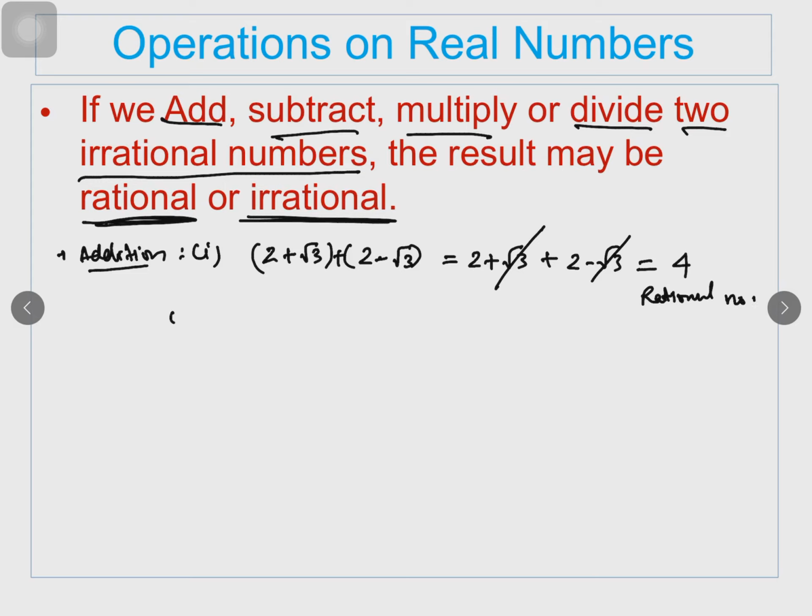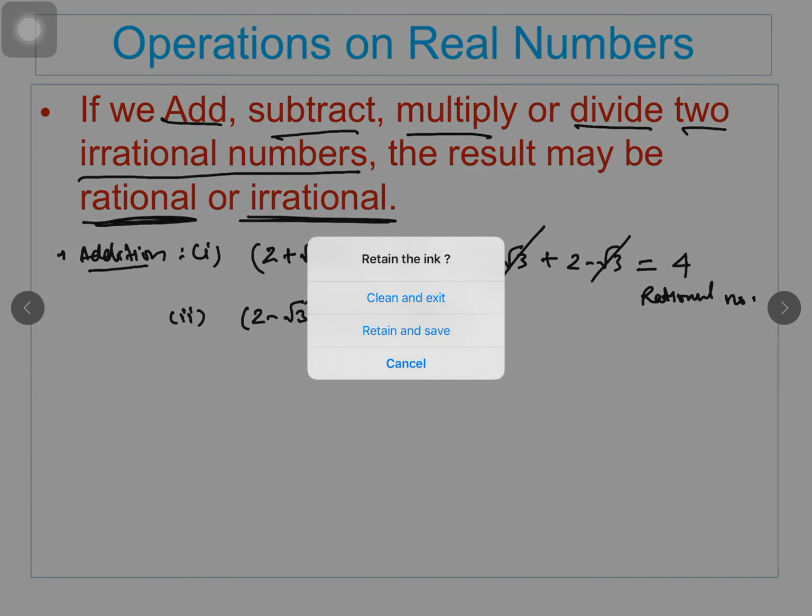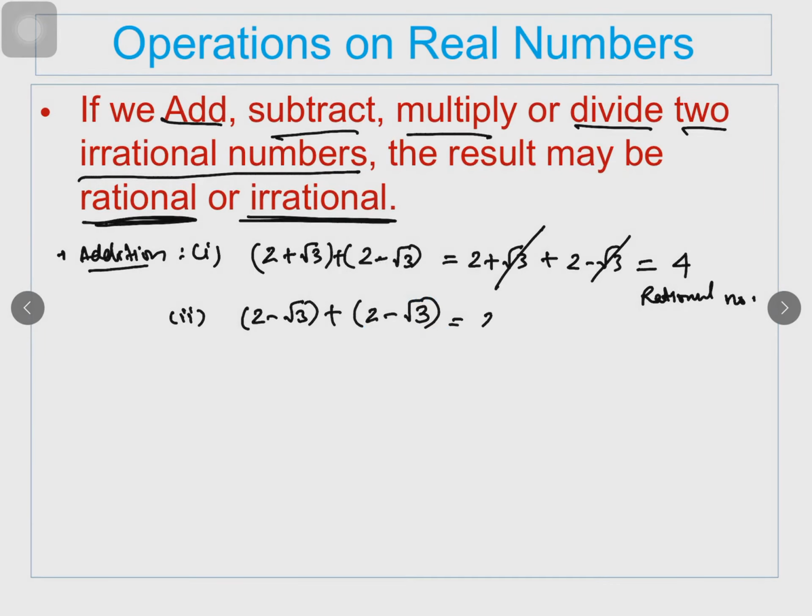Okay, let's take another example. If you add 2 minus root 3 to 2 minus root 3, again, when you open the brackets, you will get 2 minus root 3 plus 2 minus root 3.